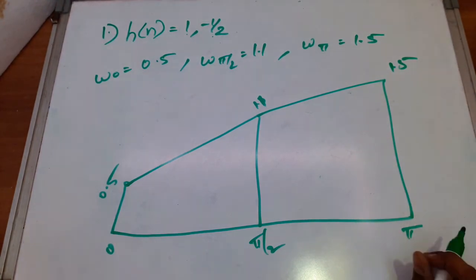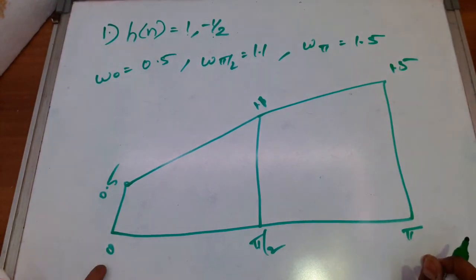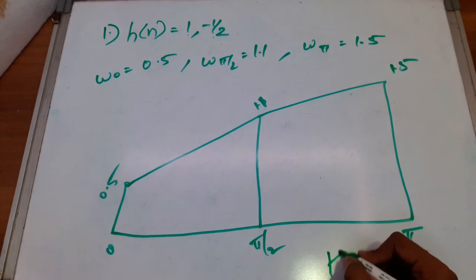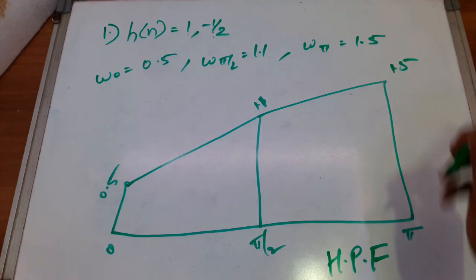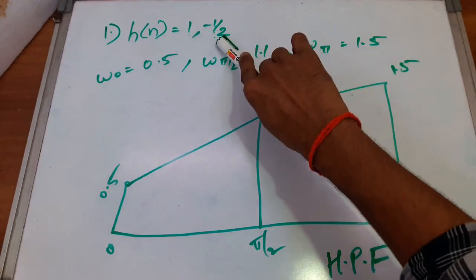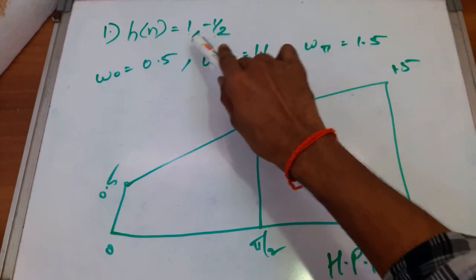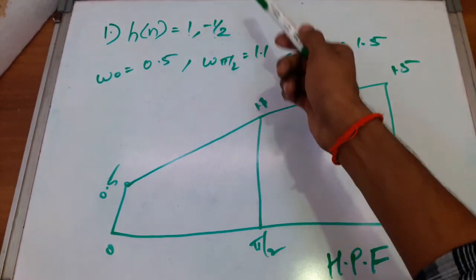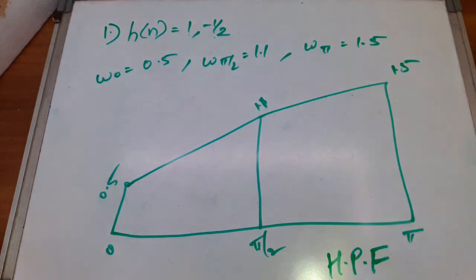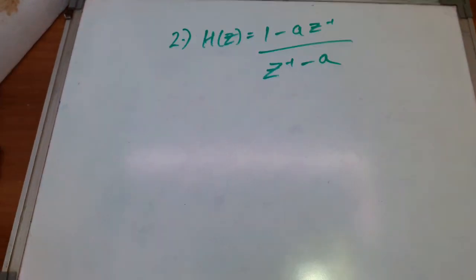So since the pi value is higher and the 0 value is lower, we can say that this filter is a high pass filter. Now since the equation given to us is in time domain but without any variables like x or y, we didn't do the impulse response. Now for the second example, the solution will be on your screen.